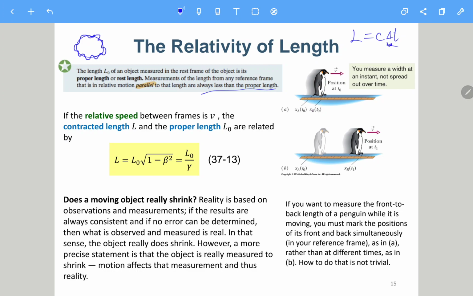If the frame is moving, then there will be time dilation. The time becomes longer, the time becomes slower. And at the same time, if you don't consider the time dilation, then the other way around would be the length contraction.